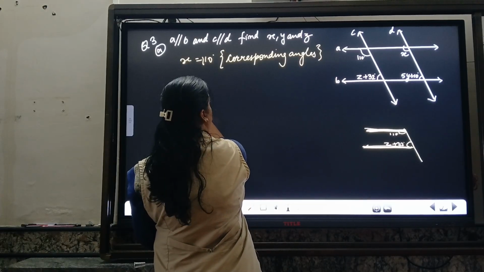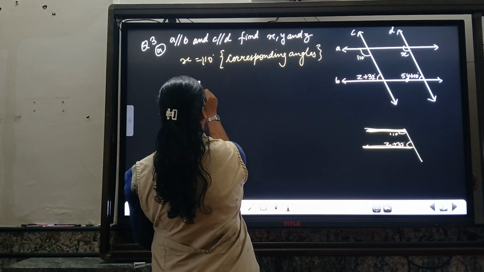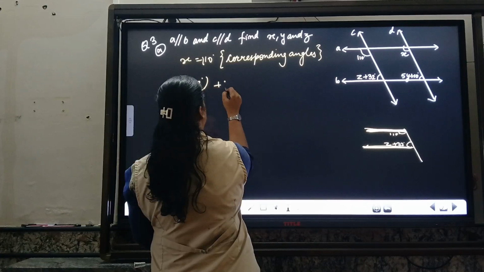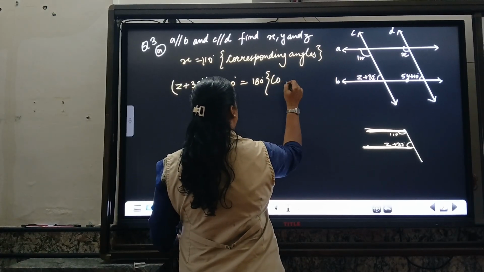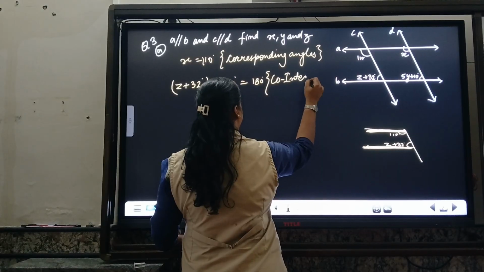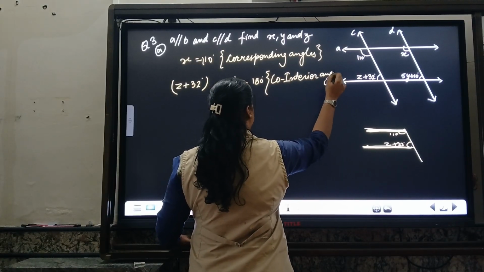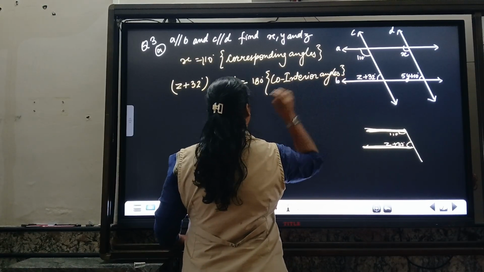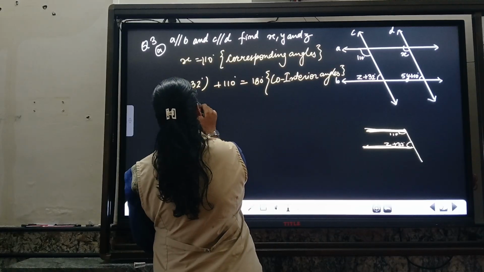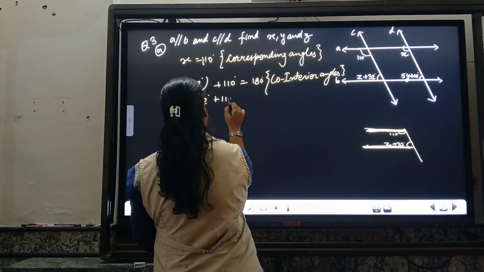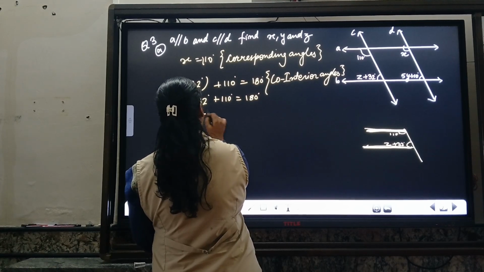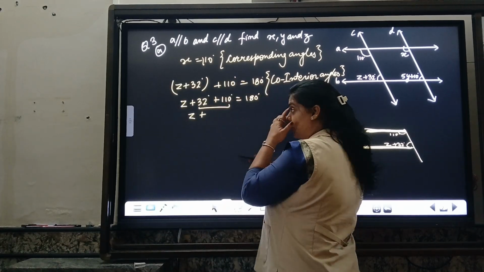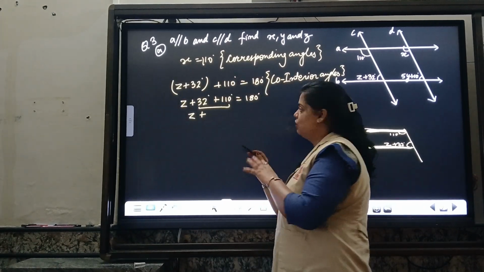We will write z plus 32 degree plus 110 degree is equal to 180 degree, reason: co-interior angle. Now we are going to open this bracket. z plus 32, we will add these two numbers because these two are non-variable, constant values, we can add them.